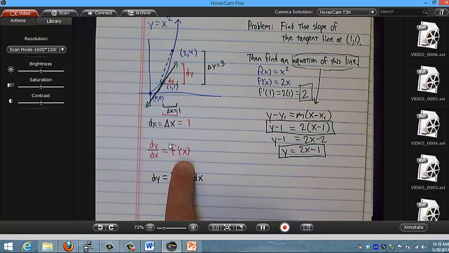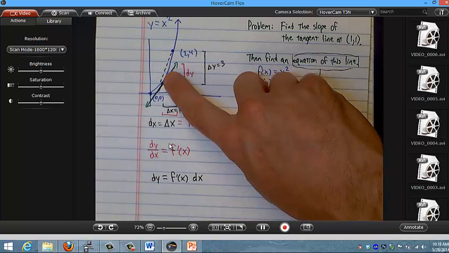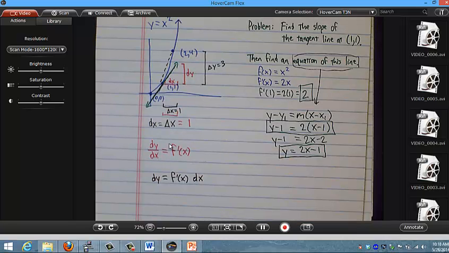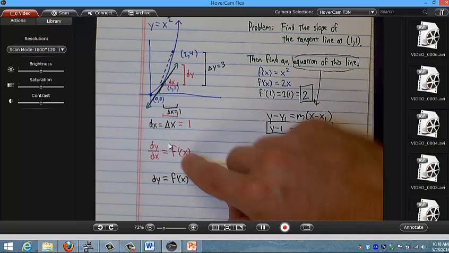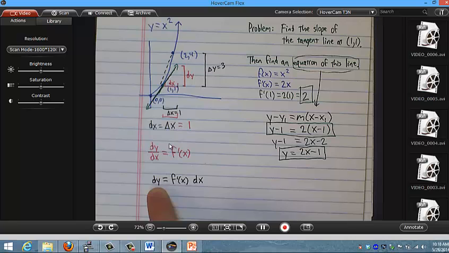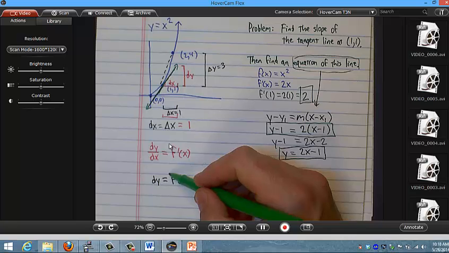Just like the slope of this black dotted line would be delta y over delta x. That slope is 3. So once you know that the slope is this thing divided by that, you could actually compute what dy is. It has to equal whatever f prime of x is times dx. In my example, we already computed what f prime of x was.